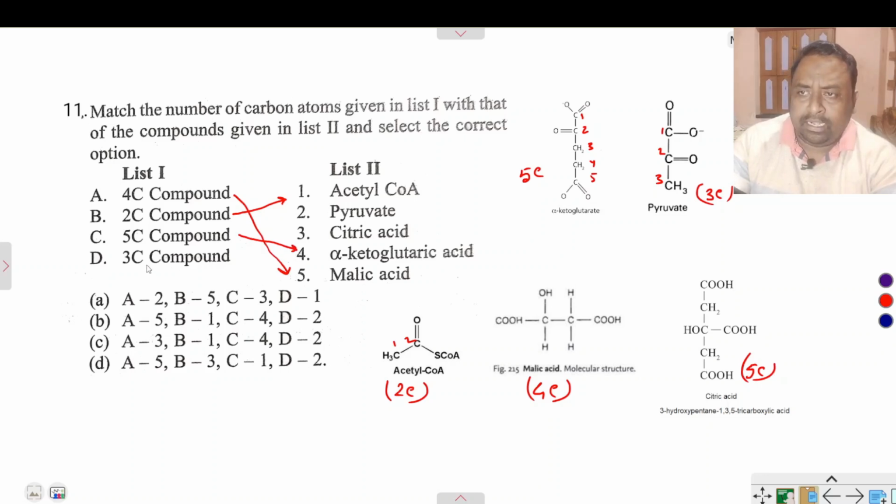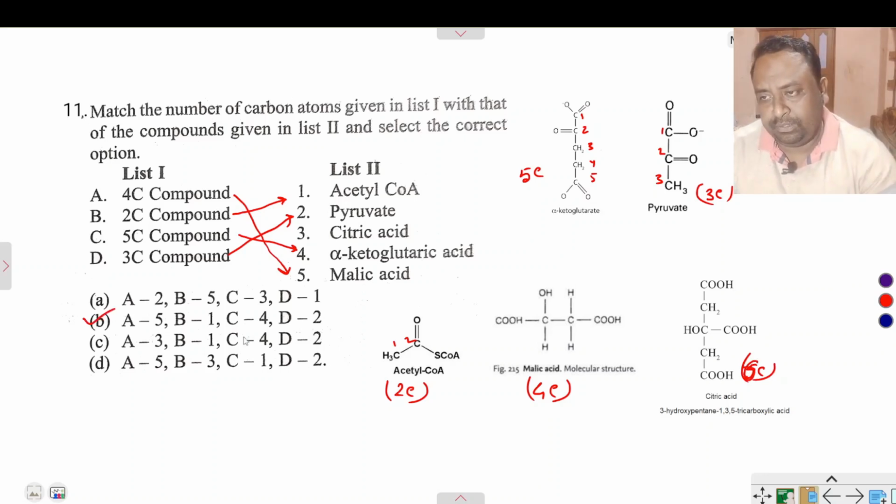And 3 carbon compound is pyruvate. And citric acid is 6 carbon containing, 1, 2, 3, 4, 5 and 6. So, here the right option is B.